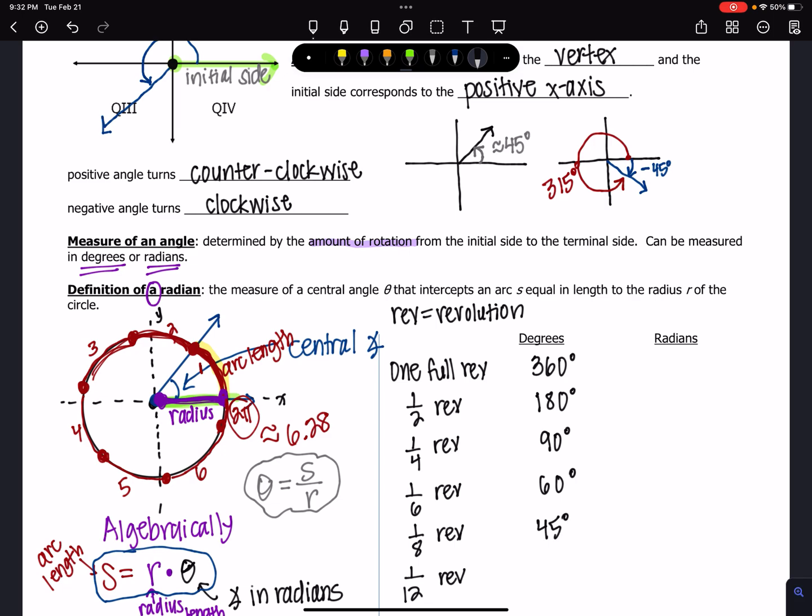And then 1/12 would be 30 degrees. So those are super important angles going around the unit circle and measured in degrees.